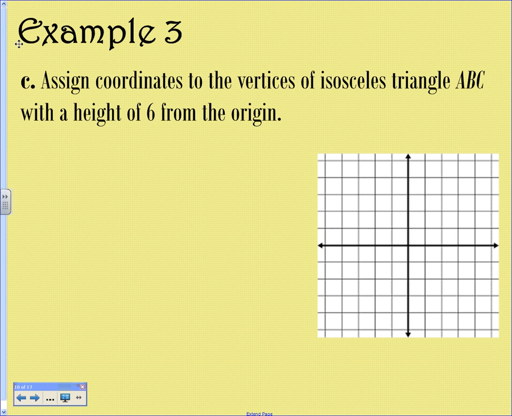This isn't 6. This is more than 6. So the height wouldn't actually be a 6. Because they had it coming up from here all the way up here. This is 6 from here to here. But the height here starts over here. This is a height of 6. What do you mean?